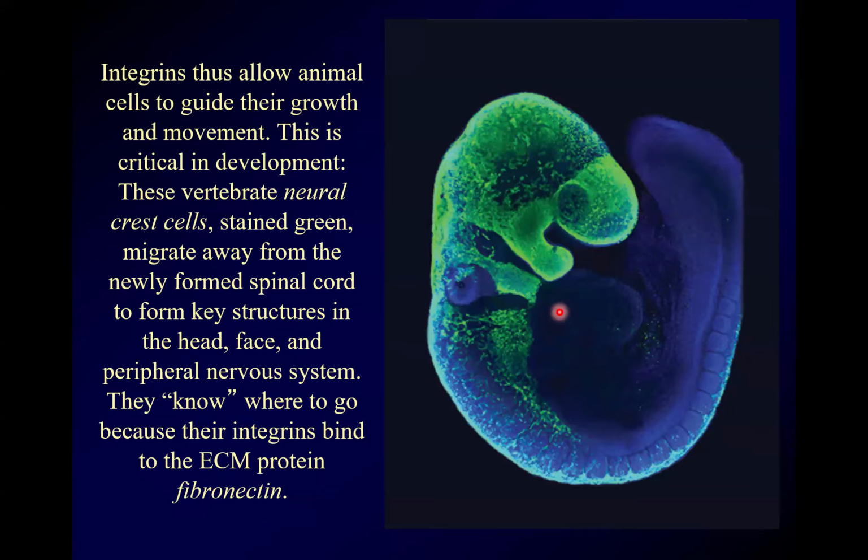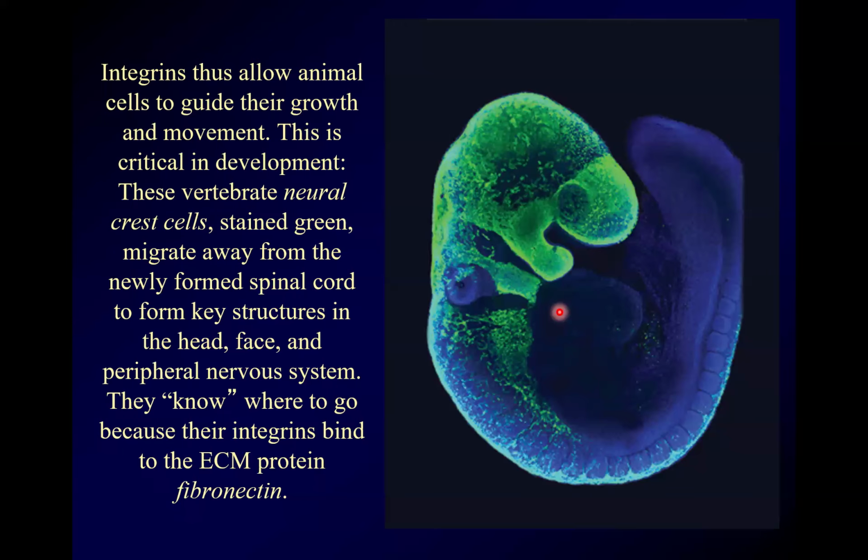If your neural crest cells don't migrate properly when you're an embryo, you can end up with some pretty horrible facial deformities. Neural crest cells also migrate through the body and give rise to ganglia, nerve centers outside of the central nervous system. And that's one of the key features that vertebrates have.